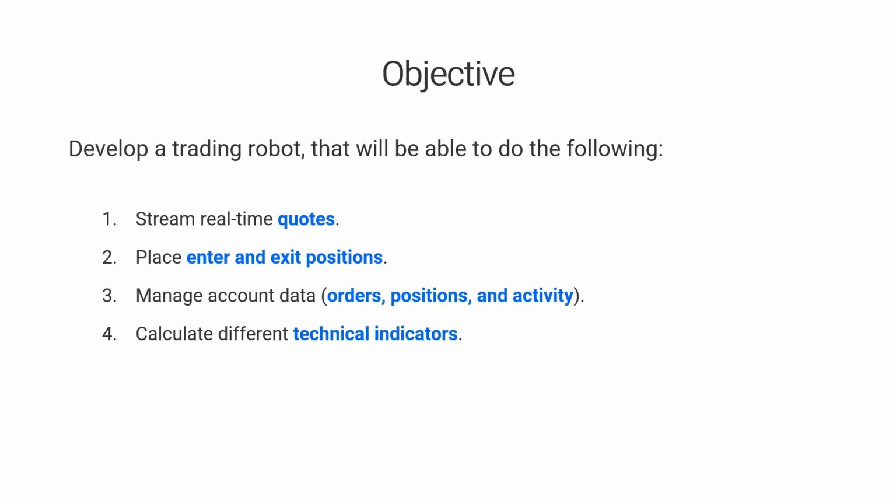Additionally, we need to have some type of functionality where it can help us manage our account data, right? We have a lot of account data out there, and very often we will find that account data is critical when it comes to making trades. For example, I have some individuals who will say, once I own a position, I do not want to enter another position for that same ticker symbol.